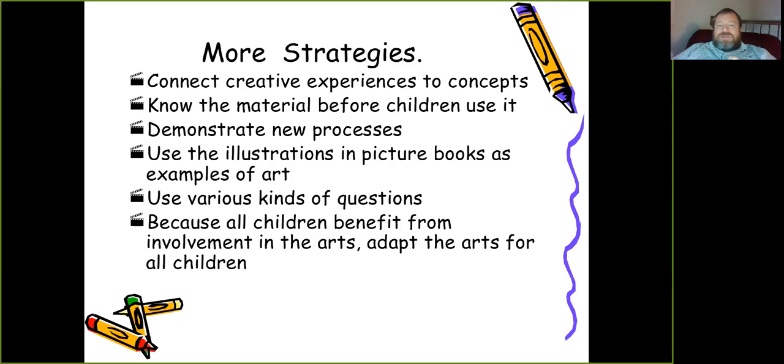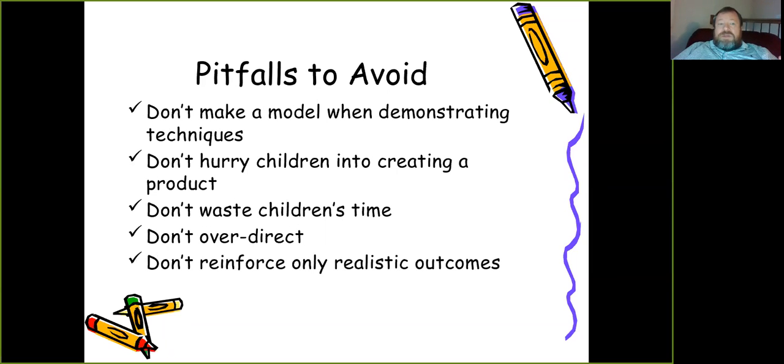If you're going to show something new, demonstrate it. Use picture books as examples of art. Use different kinds of questions, but open-ended questions about what the children are doing, what's happening, what the process is. And make sure that the arts are accessible to all children, because all children benefit from them. So we want to be inclusive.